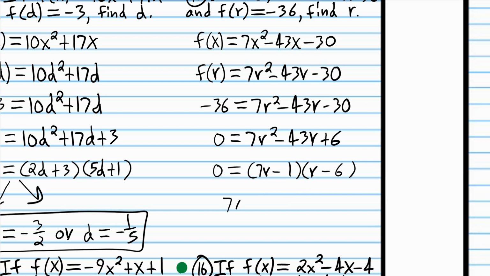F of FOIL is 7r squared, O of FOIL is negative 42r, I of FOIL is negative r, and L of FOIL is positive 6. So combine these together, you get negative 43r. This is all review information.